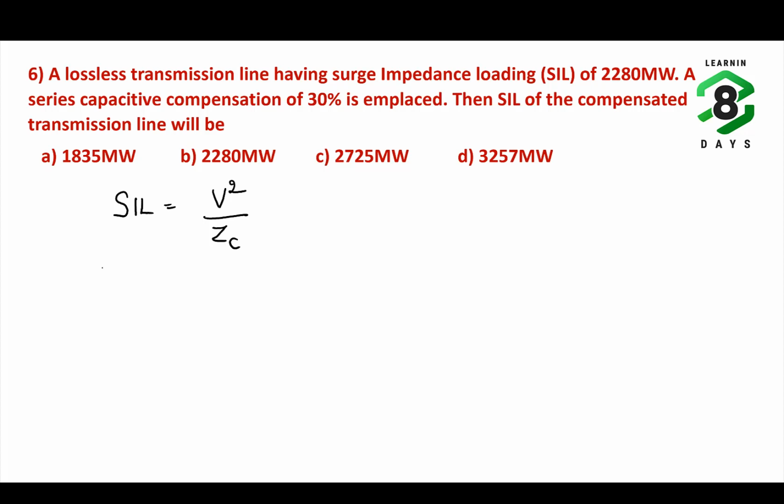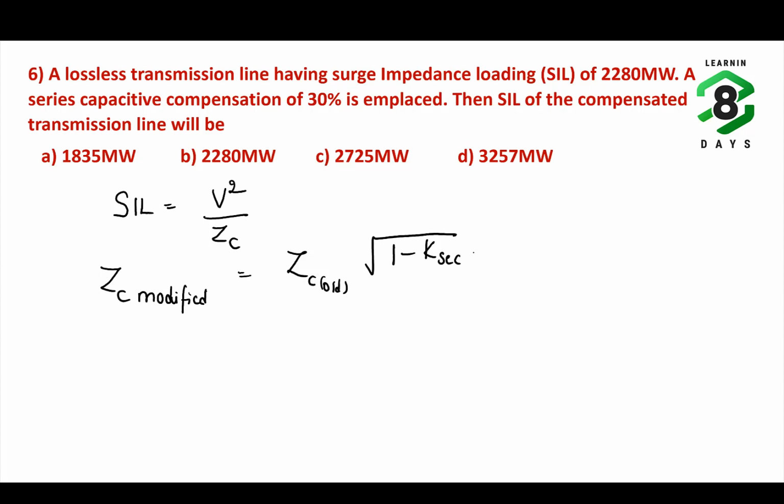ZC modified, the value after compensation, will be equal to ZC old into square root of 1 minus KSEC. So this is how the characteristic impedance is impacted when you do series capacitive compensation.